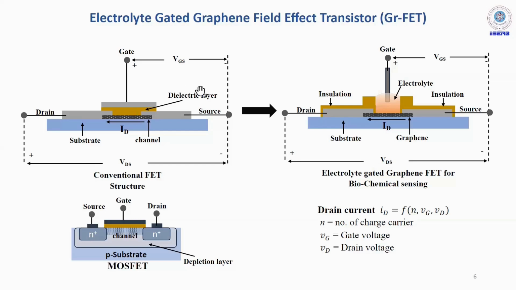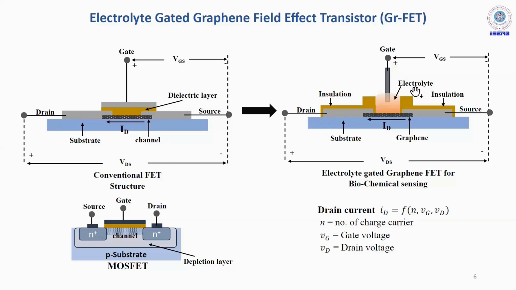You remove this dielectric layer and replace it with an electrolyte. The moment you replace the gate dielectric with an electrolyte, the physics or mechanism associated with this field effect transistor does not remain the same as in a conventional FET structure, but changes.